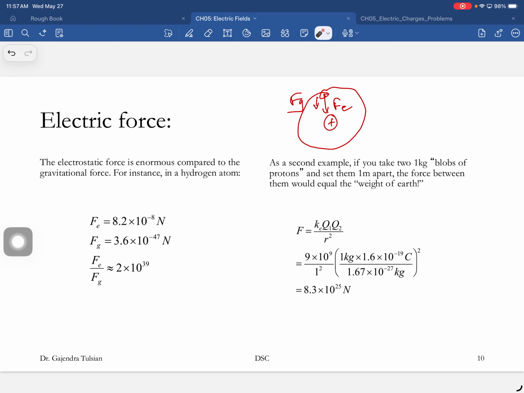Let me say that in words. A trillion is 10 to the 12. That's 1,000 trillion times stronger. When this guy talks, you don't listen to him. So when you're considering the hydrogen atom, all you have to worry about is the electrostatic force. Nobody even mentions the gravitational one.